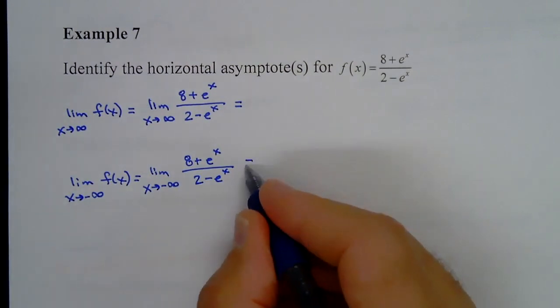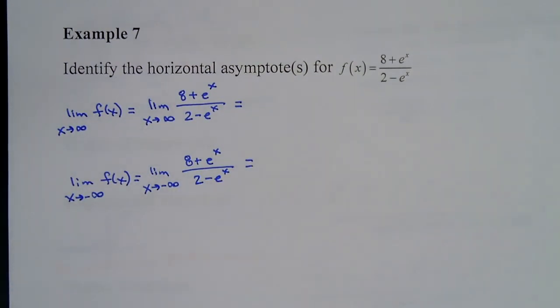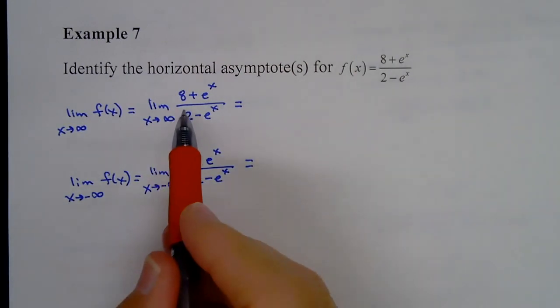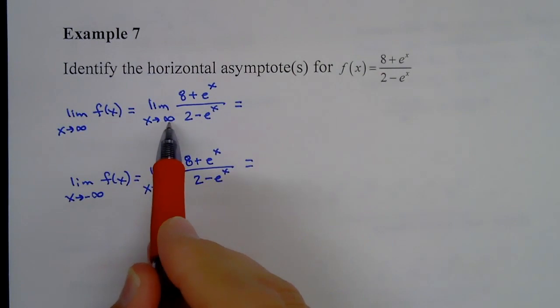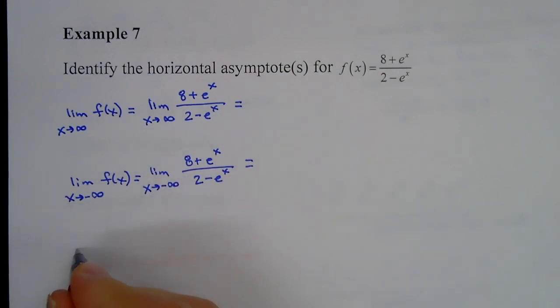And what is this one going to equal? When you have exponentials like this, what I would do is plug in a big number and see what's going on. Like x is 1,000. Because x is approaching infinity, that would look like this: 8 plus e to the 1,000 over 2 minus e to the 1,000.